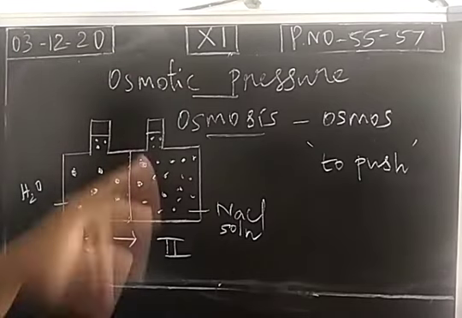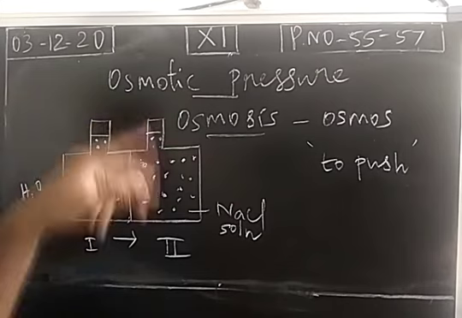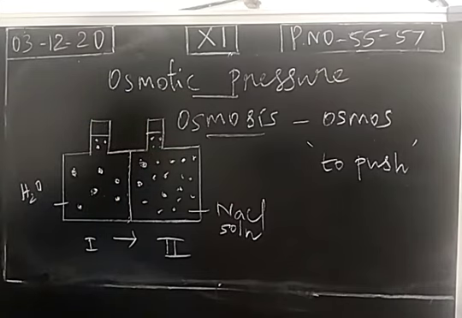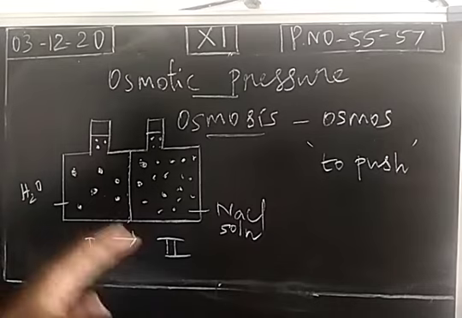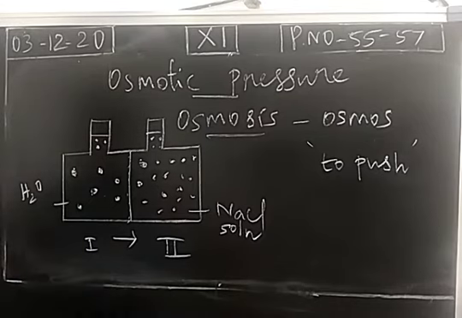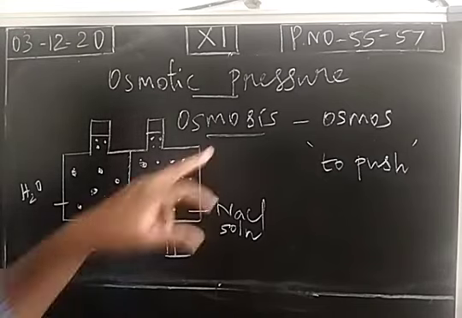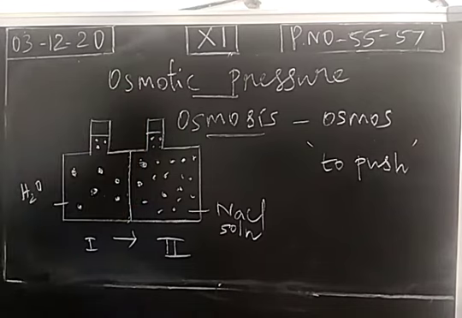So on this side we are applying more pressure to attain the equilibrium. Because of the pressure difference, the solvent molecule is again moving into the first compartment. So to attain the equilibrium, we are applying the pressure. It's called the osmotic pressure. Okay. So you know what is osmosis and osmotic pressure.